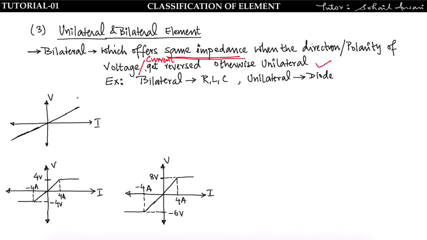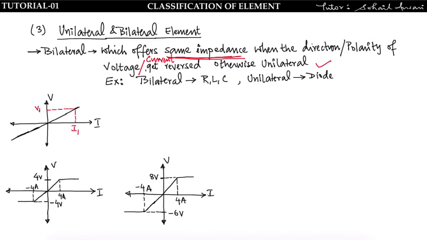In a graph, how can we analyze whether the element is bilateral or unilateral? It's very easy. The definition says it offers the same impedance when the polarity of voltage gets reversed. Let us suppose at V is equal to V1, the current is I1.